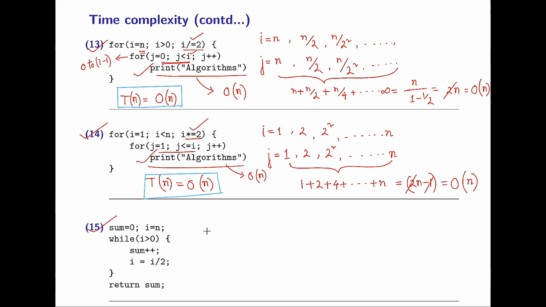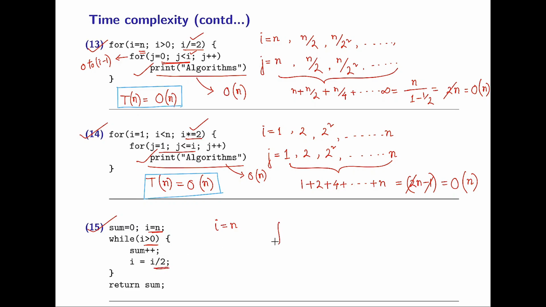Now 15. In question number 15, if you see very carefully, i is initialized with n. Then the condition checking is i greater than 0, and the value of i is changing as i equal to i by 2.